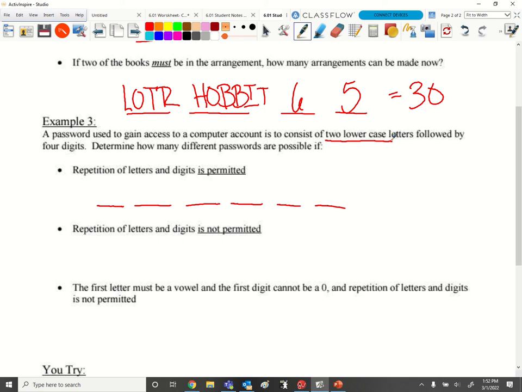If it's possible to have an uppercase and a lowercase, then you have to include both. But here it says only lowercase. So how many lowercase letters are there? 26. And you can repeat, so the next number is 26. Now it is 4 digits. How many digits do we have? 10 digits. Can I repeat those digits? 10, 10, and 10.